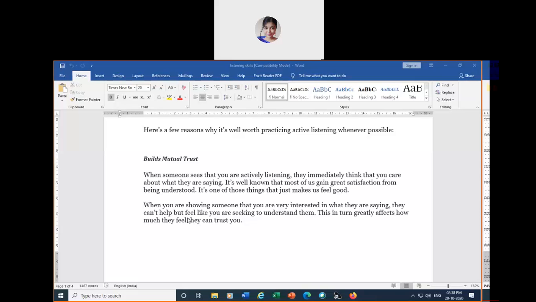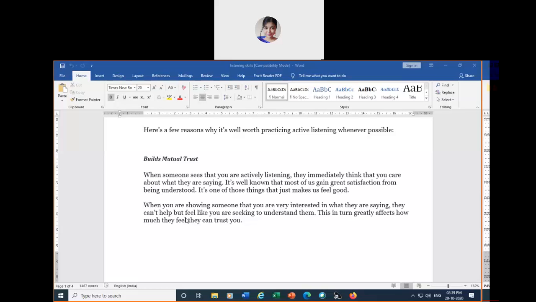When you don't listen, the speaker won't be able to rely on you, or won't even feel like telling you something. So, if you listen to the person carefully, then definitely you will be able to build trust.